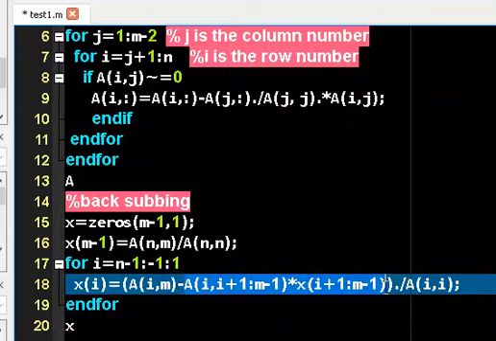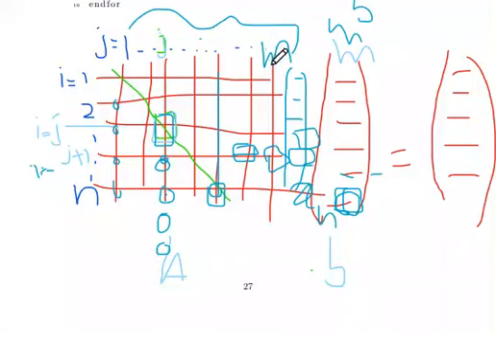look at this one. This is the sum of the products. It is in the i-th row, but the column number changes from i plus 1 to m minus 1. I think this makes sense why we use m minus 1. In the coefficient matrix, m is the right hand side.